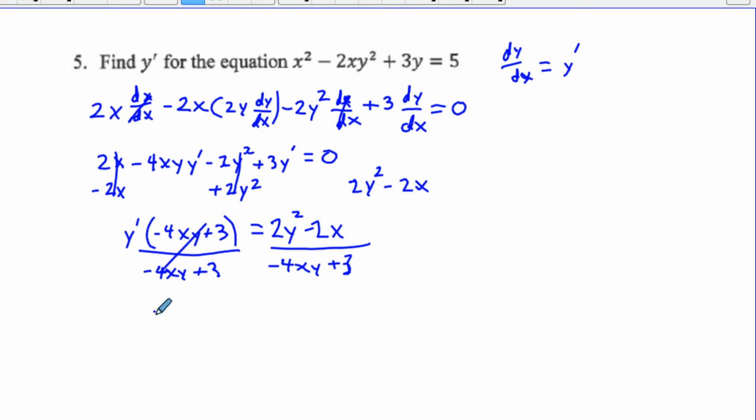So I'm going to say y prime is equal to what we have left on the right side. We have 2y squared minus 2x over negative 4xy plus 3.